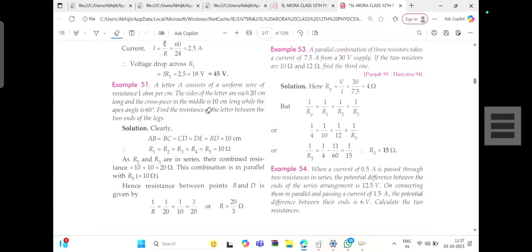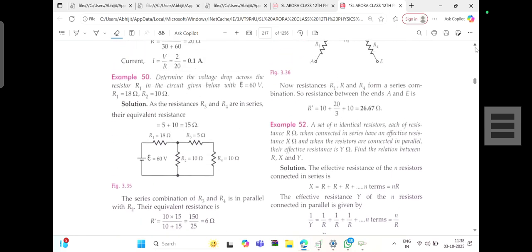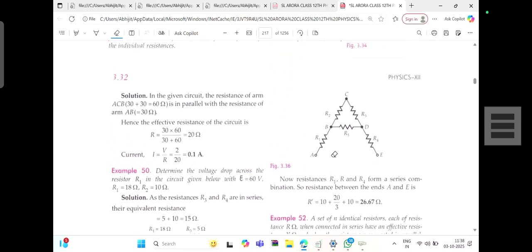Find the resistance of the letter between the two ends of the legs. That is the shape A. This is 20 centimeter, that is 20 centimeter, and this is 10 centimeter. That means each half side is 10 centimeter.